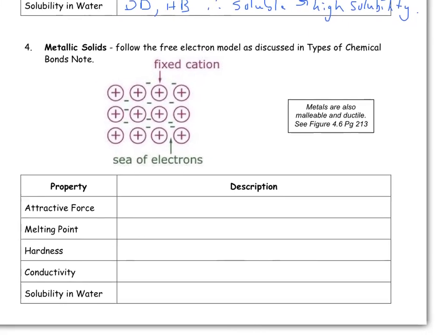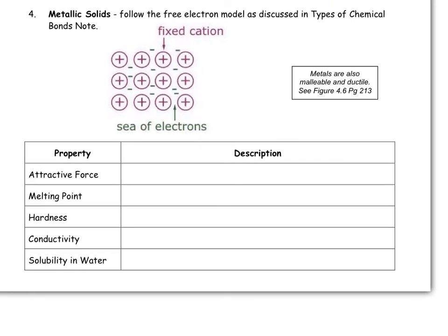Now let's have a look at metallic solids. The diagram for the metallic solid is included. This is the free electron model that we discussed in the types of chemical bonds note, where we have fixed cations in the crystal lattice that are held together by this free delocalized electron sea.